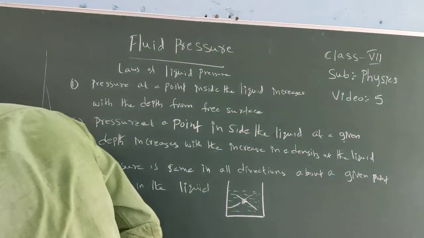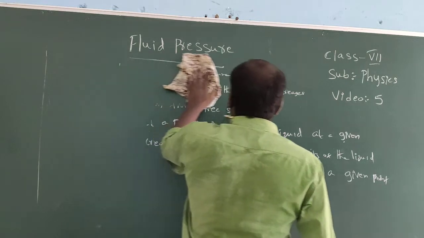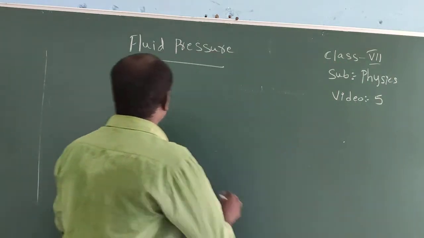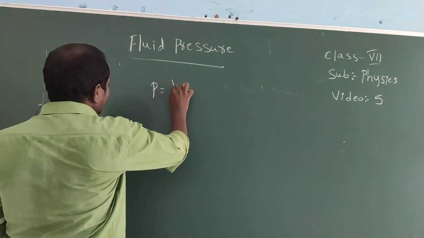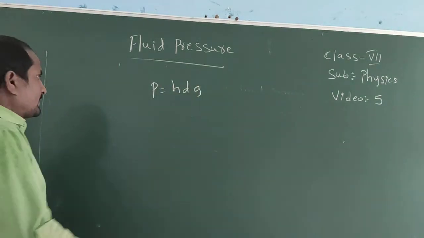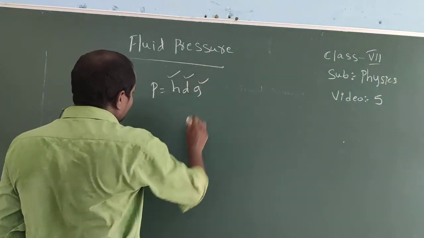Listen once again. Pressure in fluids does not depend on area of cross section. P equal to hdg. Pressure in fluids depends on the height of the liquid, density of the liquid, and acceleration due to gravity.